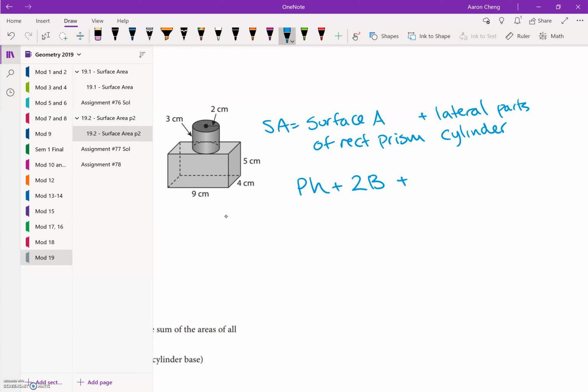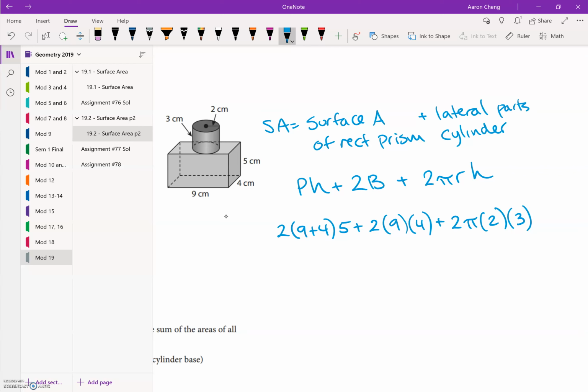And then we're going to add on the lateral parts of the cylinder, which is just the circumference times the height. So 2 pi r times our height. The perimeter of our figure is 2 times 9 plus 4. The height is 5. 2 of the bases is 2 times 9 times 4. And then the radius is 2, and the height is 3.